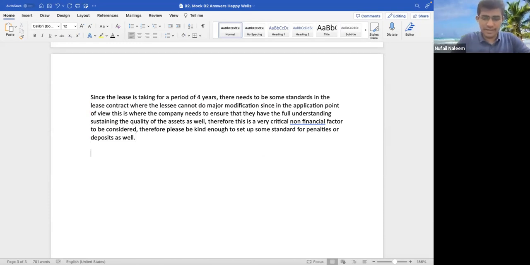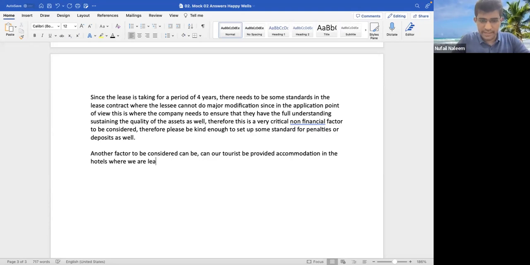I'll write down here. Another factor to be considered can be, can our tourists be provided accommodations in the hotels where we are leasing out?